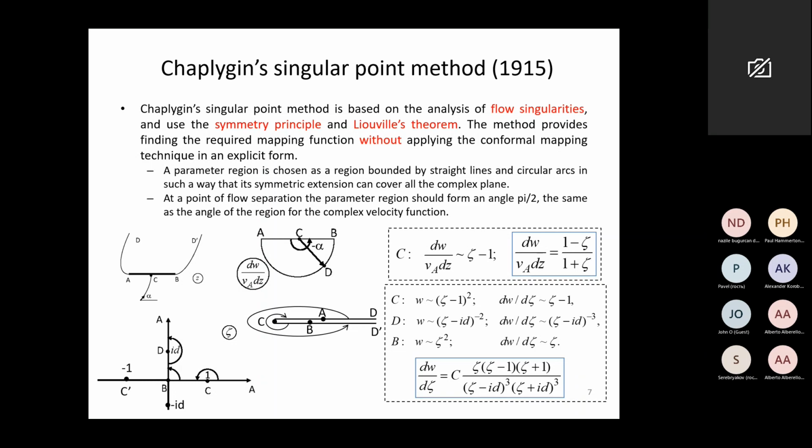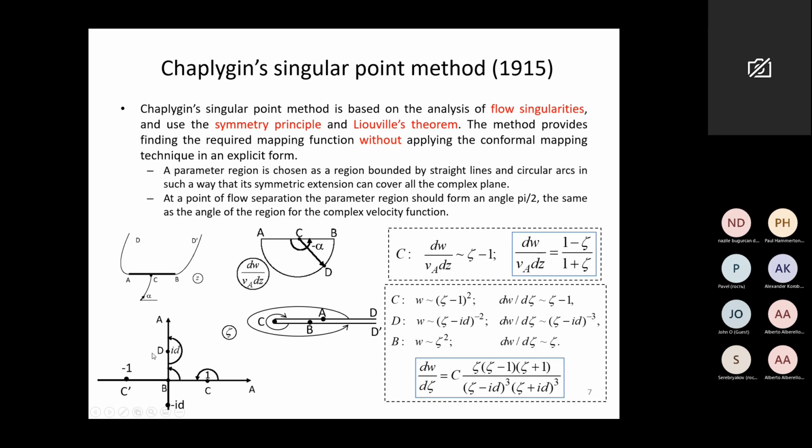Then consider point D. Point D is along the imaginary axis here, and when we move along an infinitesimally small radius in the parameter plane, it corresponds to an infinite radius in the W plane.